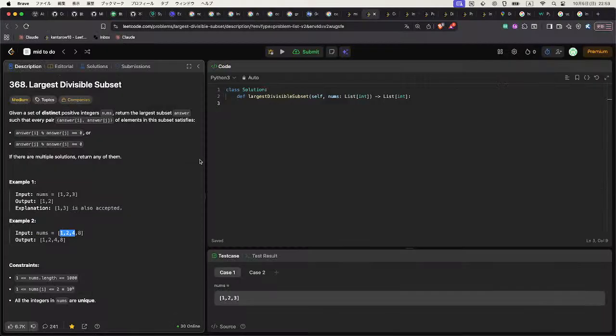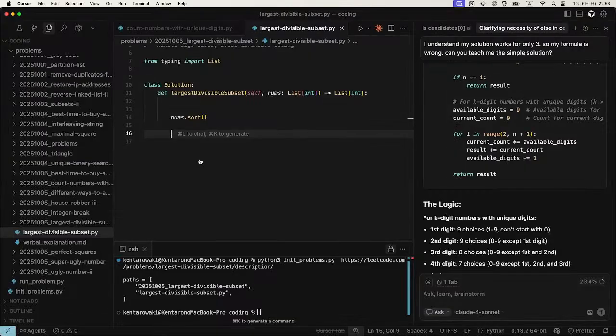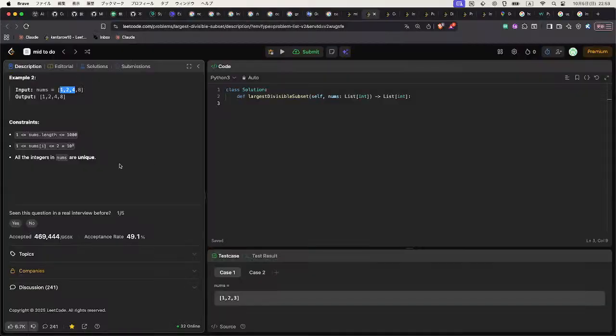dynamic programming, right? To implement dynamic programming, we have two options: bottom up solutions or top down solutions.